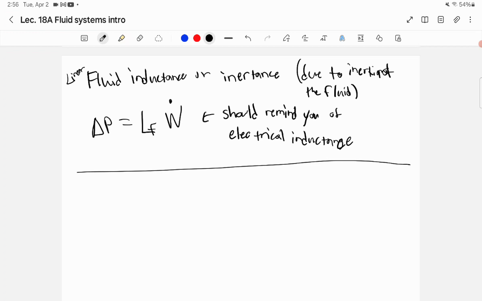The last thing that we should keep in mind is this concept of conservation of mass. So I'm going to write down an equation here.